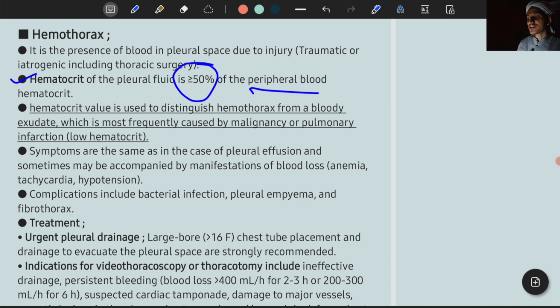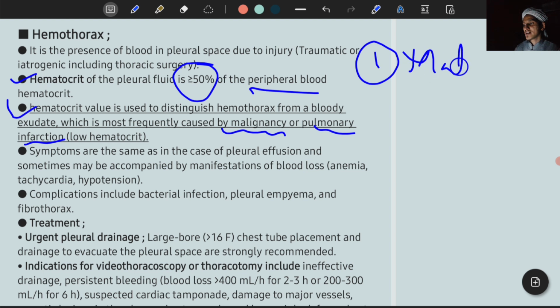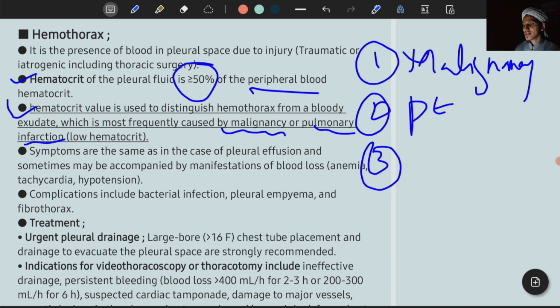Hematocrit value is used to distinguish hemothorax from a bloody exudate, which is most frequently caused by malignancy, pulmonary embolism, infarction. So when you see a bloody exudate, pseudo hemothorax, think of malignancy, pulmonary embolism, and connective tissue disorders like systemic lupus erythematosus and rheumatoid arthritis, or vasculitis.